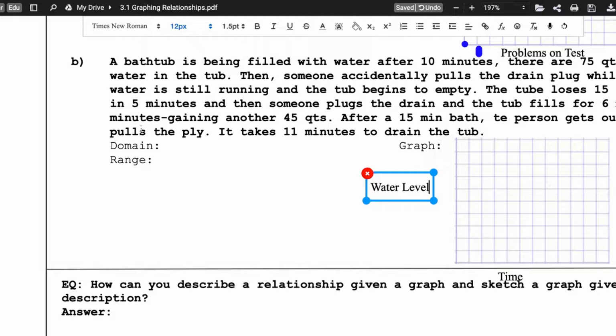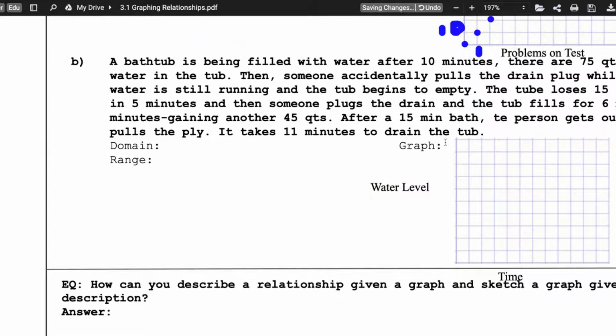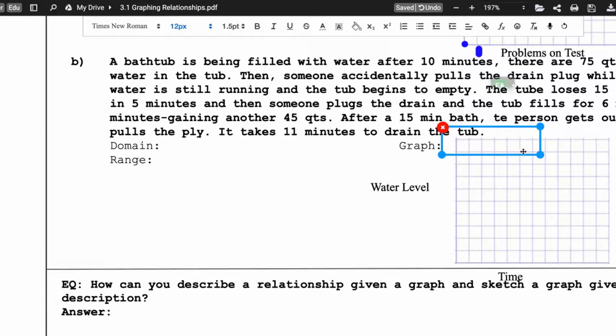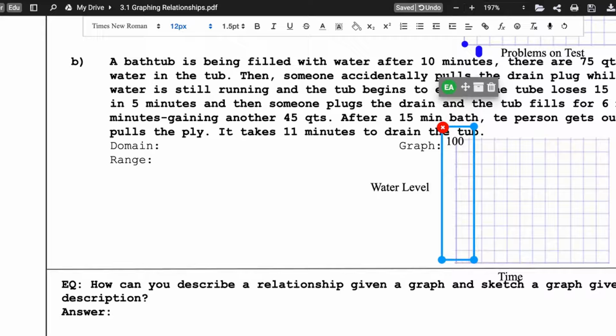Now on this one, I am going to label my axis a little bit, just so it makes more sense when I'm actually graphing. So I'm going to count by 10. At the top, I'm going to have 100. And then, since it ended up going down by 2, it'll be 80.